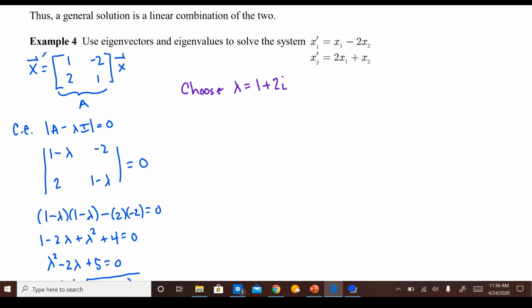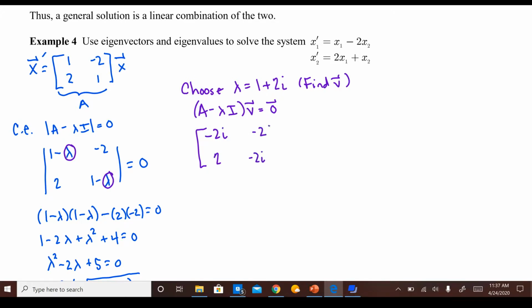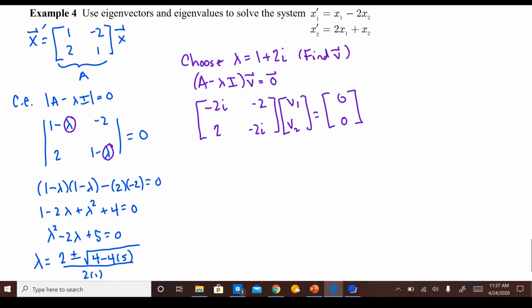Then I'm going to plug this into our matrix equation, A minus lambda I times vector v equals the 0 vector. Our goal here is to find a corresponding eigenvector, right? So plugging 1 plus 2i in for lambda in this equation over here, 1 minus 1 cancels out. We end up with negative 2i here, and the same thing here as well. Finishing out our matrix equation, notice our two rows are very similar.